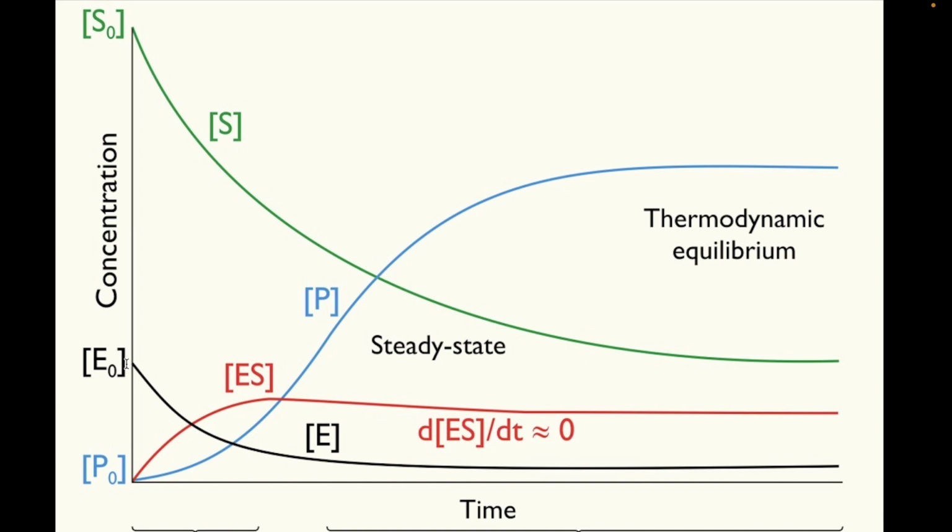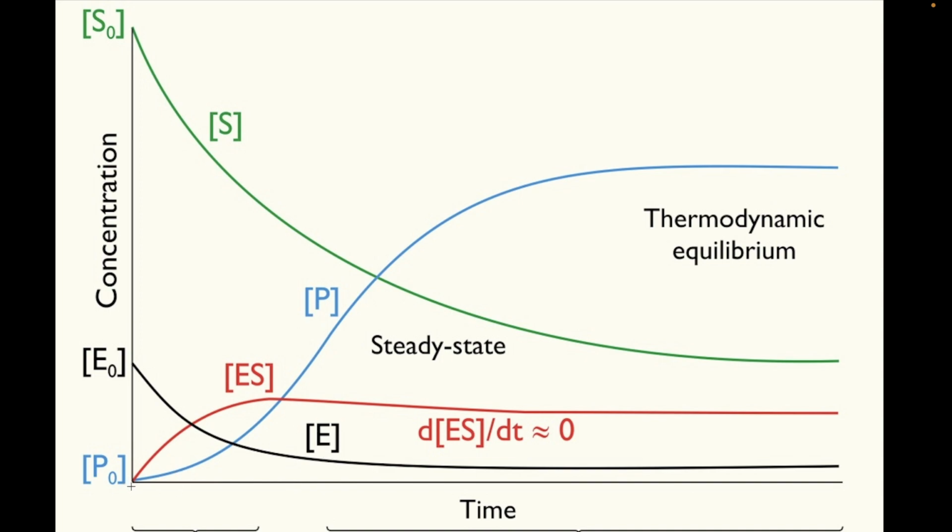And this E0 is the total concentration, concentration of ES plus concentration of E. If we draw a horizontal line parallel to the time axis, this horizontal line gives the total concentration ET, which is the concentration of complex ES plus concentration of E.